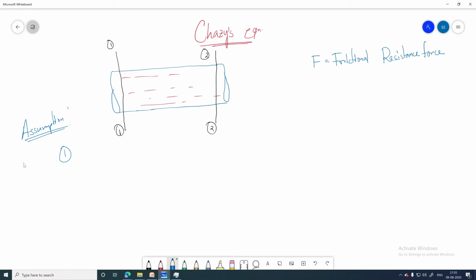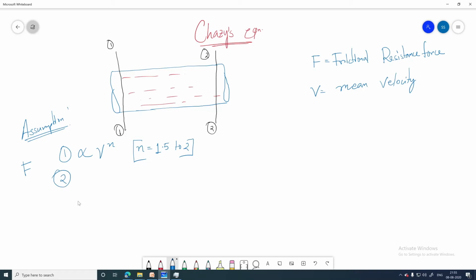If we consider F as the frictional resistance force, F is proportional to v to the power n, where v is the mean velocity, and the value of n ranges from 1.5 to 2. Generally we consider the value equal to 2. So F is proportional to v square, we will come to that later on.